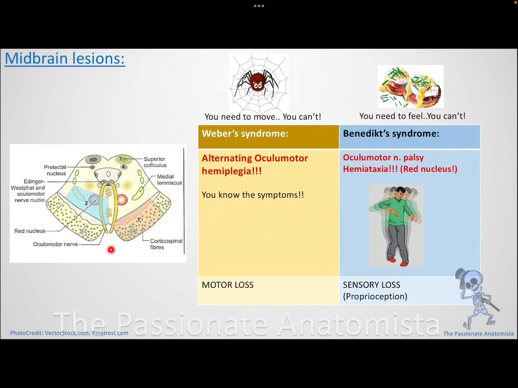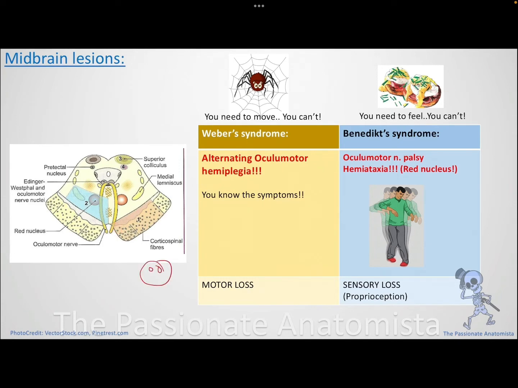So if I have Weber syndrome, we will have a problem with the oculomotor nerve here, and it's also going to affect number one, this one, the orange. In Weber syndrome, we will have a problem with the descending corticospinal fibers. Remember, this is the crus cerebri of the midbrain. So we will have a problem here. It will also affect the oculomotor. So what will we have? We will have contralateral hemiplegia of the body.